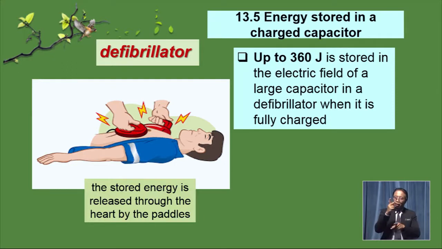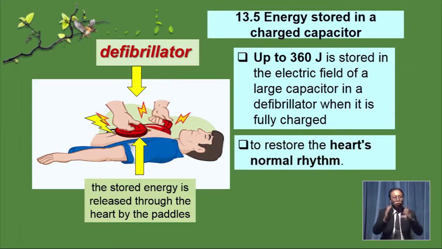The stored energy is released through the heart paddles that are placed on both sides of the victim's chest. The paddles are applied to the patient's chest, and an electric shock is sent through the chest cavity. The aim of this technique is to restore the heart's normal rhythm pattern.